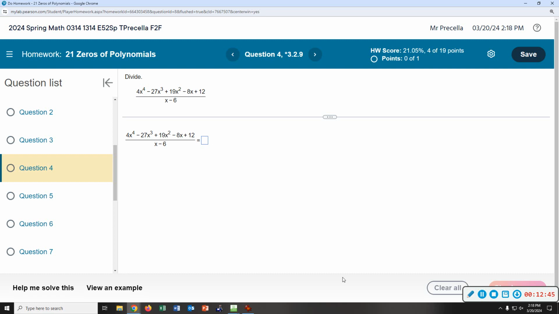With synthetic division, it's not that bad, but it'd be time consuming with long division. Make sure I wrote that down correctly: 4x to the fourth minus 27x cubed plus 19x squared minus 8x plus 12, all divided by the divisor x minus 6.